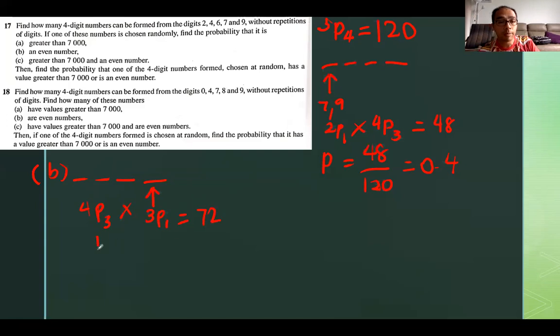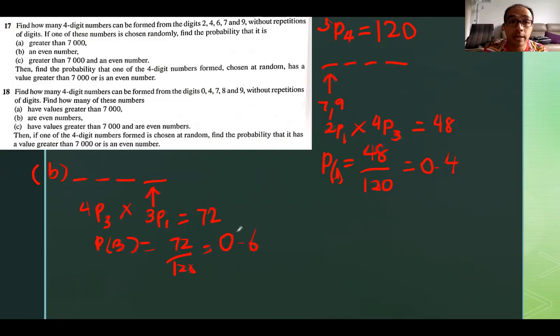I'm going to call this probability B. This is probability A. Probability B is 72 out of, how much is our sample space? The sample space is found at the beginning, so 120. So 72 out of 120 is 0.6.